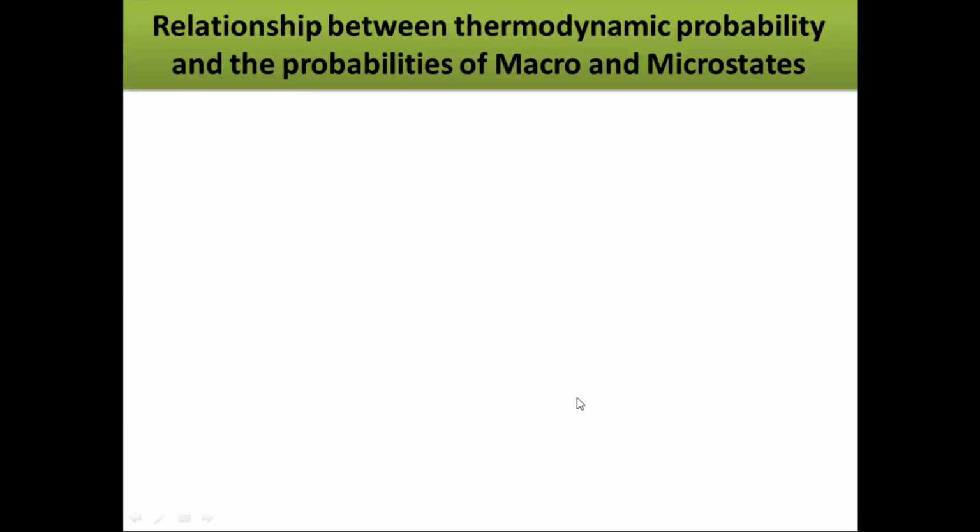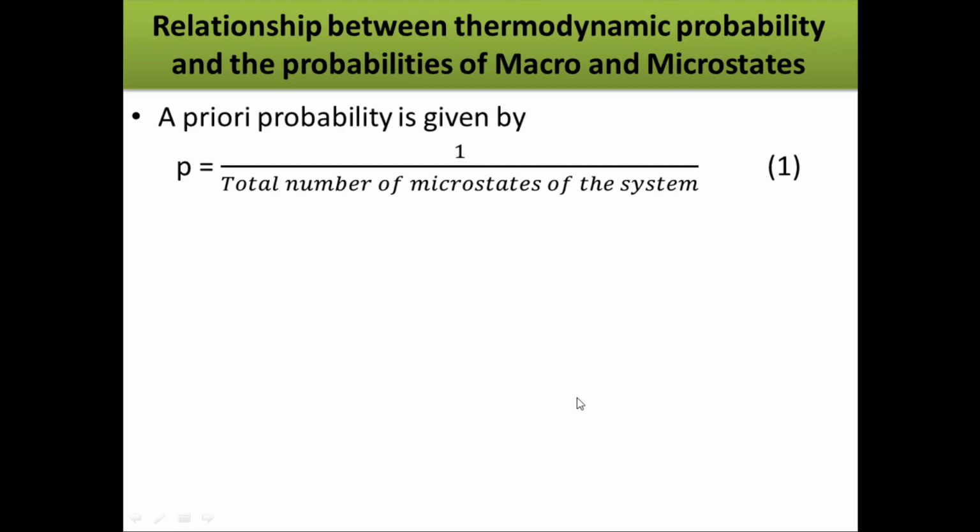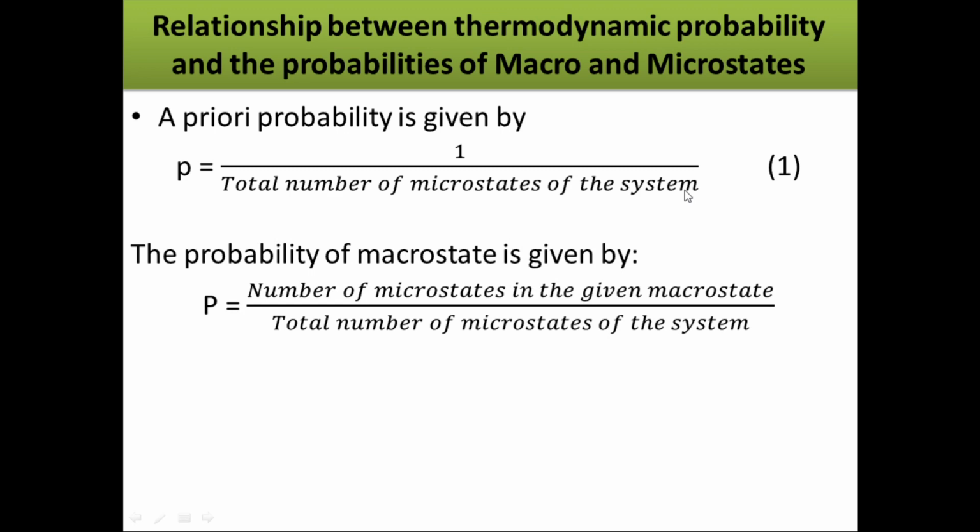Now next, what is the relation between thermodynamic probability and the probability of macro and microstates? A priori probability, as we discussed in our earlier lectures, is equal to 1 over the total number of microstates of the system. Now what is the probability of macrostate?